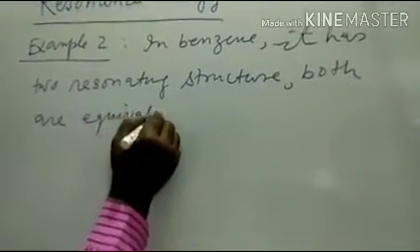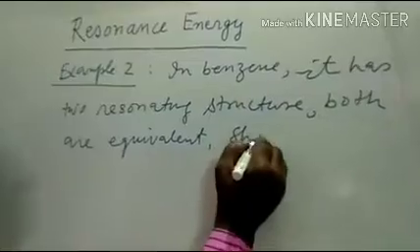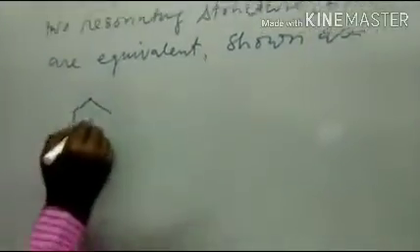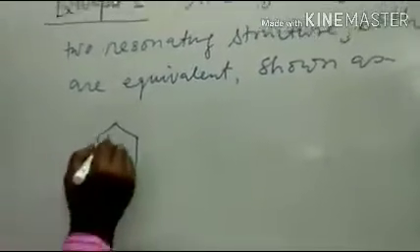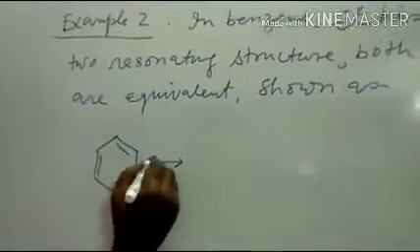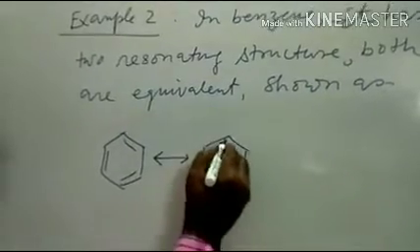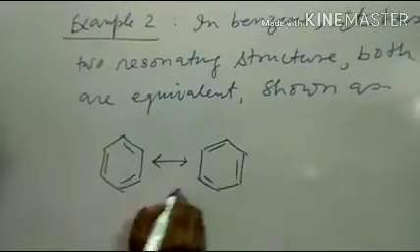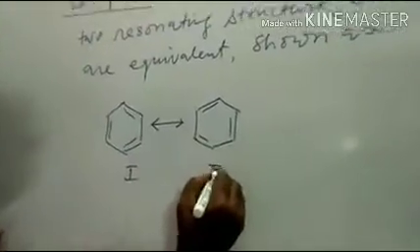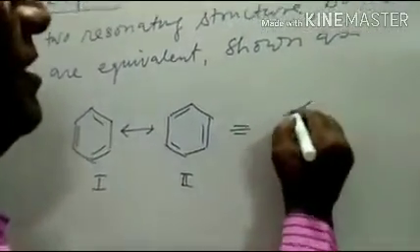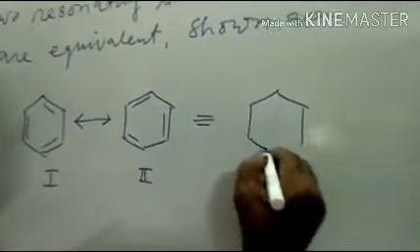One resonating structure is represented like this, other is like this. First and second both are the contributing structures or resonating structures. Both are giving collectively a resonance hybrid of benzene.